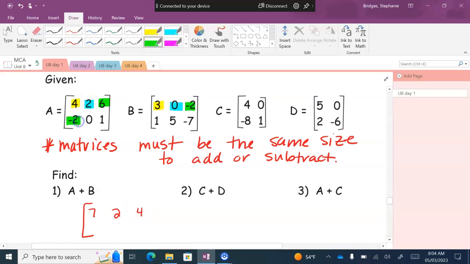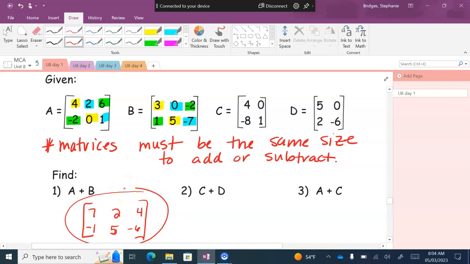And then -2 plus 1 gives me -1. 0 plus 5 gives me 5. And then 1 plus -7 gives me -6. Okay, so that's the answer for the first one.